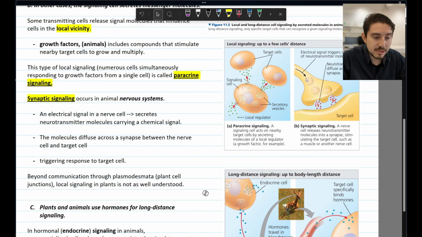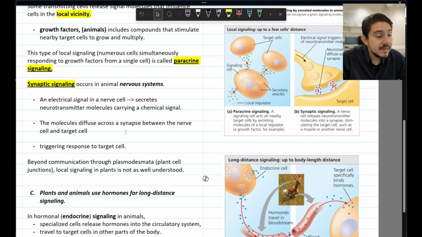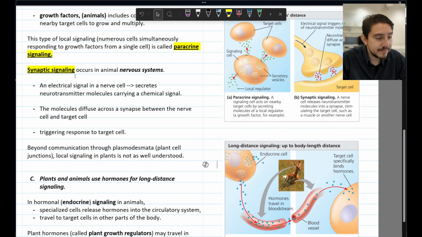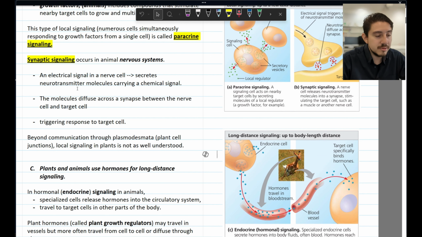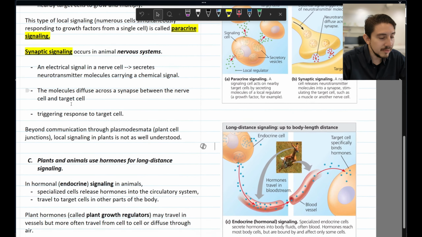It's in these specialized secretory vesicles, passing them down to the synapse area. The neurotransmitters are being released into that synapse, where ultimately they're going to be received by some target cell and some target receptor. This is called synaptic signaling. So you have an electrical signal in a nerve cell, it will secrete a neurotransmitter, which will then carry a chemical signal to be received by a target cell.